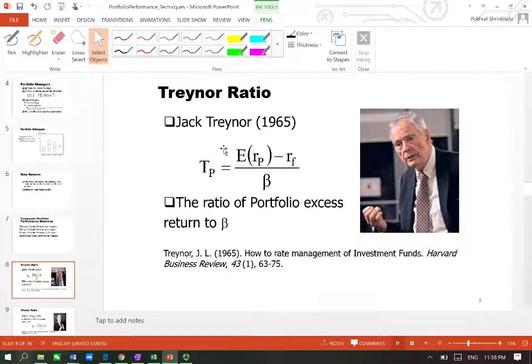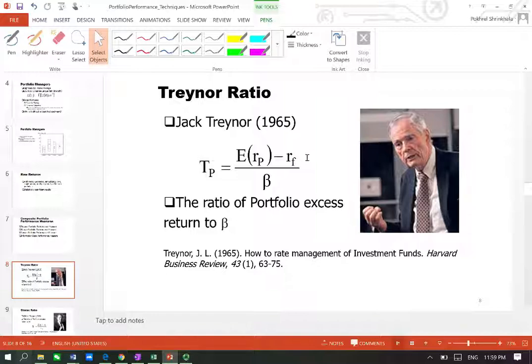Why? Because the numerator of this ratio, which is this, is simply the risk premium, and the denominator is the risk. The total expression indicates portfolio's risk premium per unit of risk. Okay, so all risk-averse investors would prefer to maximize this value.